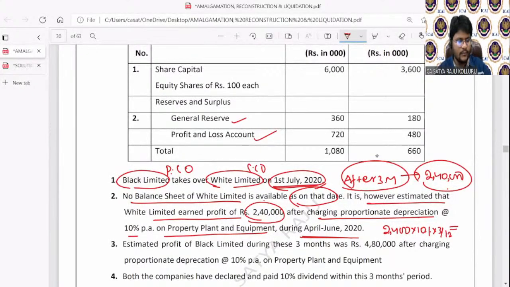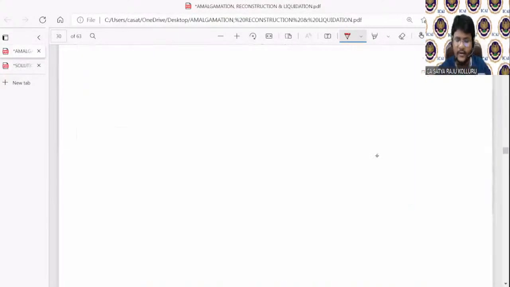How much? 240 into 3 by 12, which is 60. I mean 60,000 is the depreciation. After providing the depreciation, profit is 2,40,000. That is, before providing the depreciation, profit is 3 lakhs. That is the information he is giving.